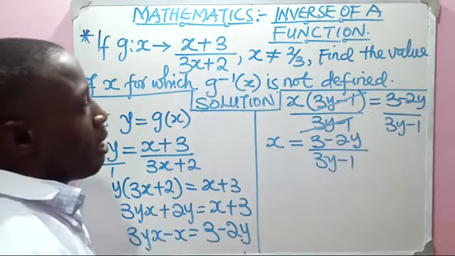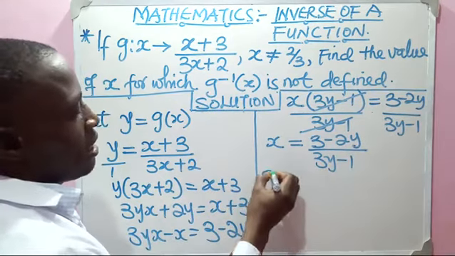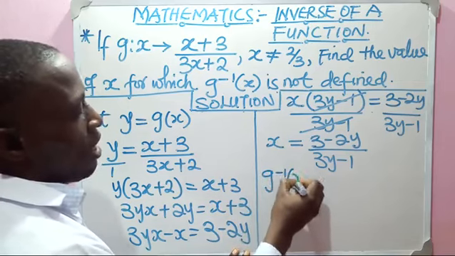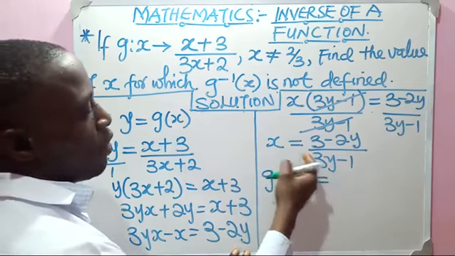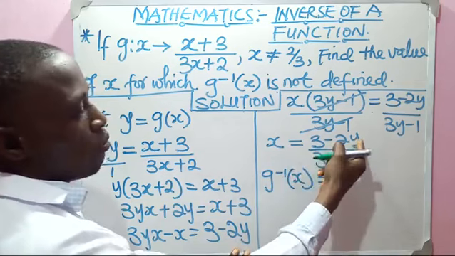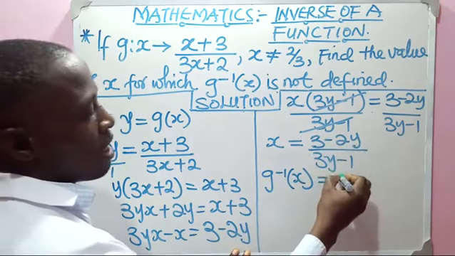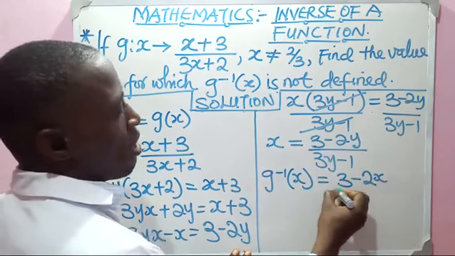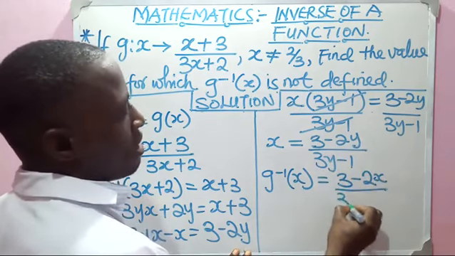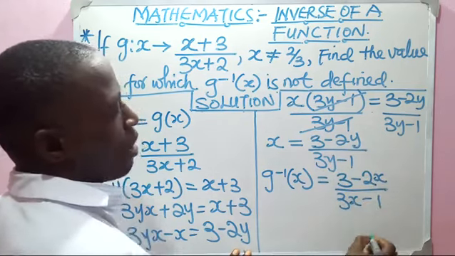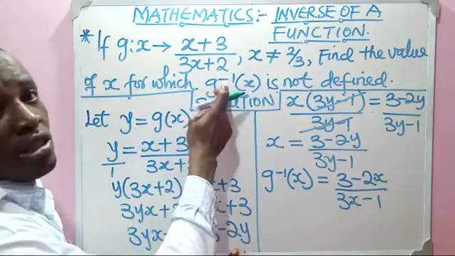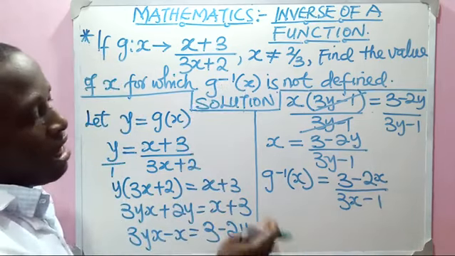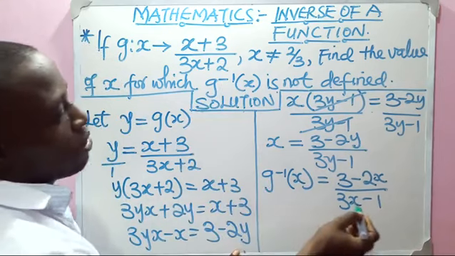Do you understand? Meaning g inverse of x is therefore, in place of y, now you replace the y with x: (3 minus 2x) over (3x minus 1). So I have gotten this.